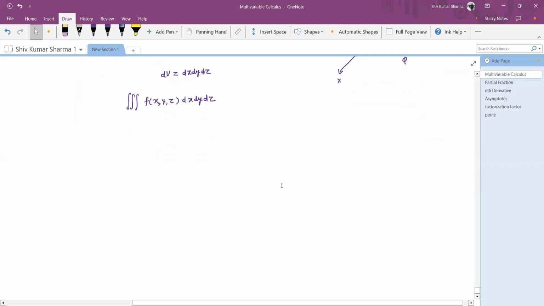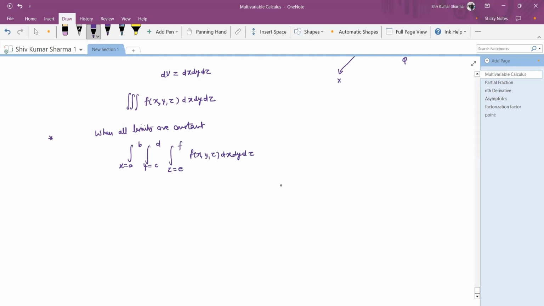Now, for solving the problems, first we start with the limits. When all limits are constant, suppose we are considering x equal to a to b, y equal to c to d, and z equal to e to f, of f of x, y, z, dx dy dz.